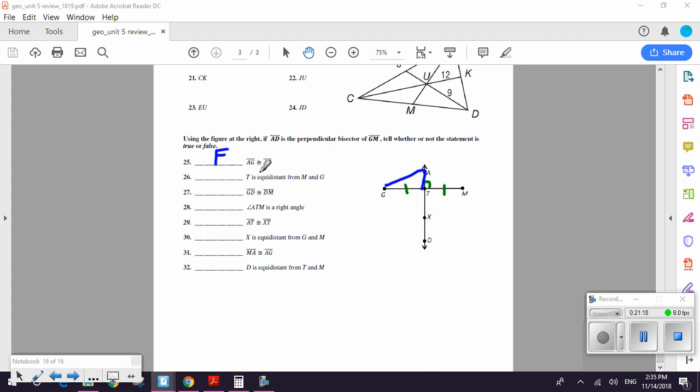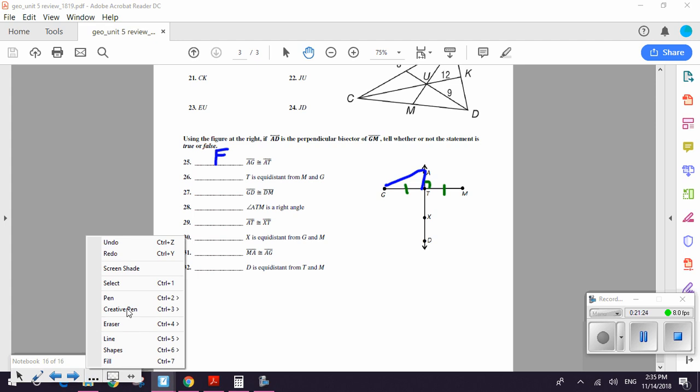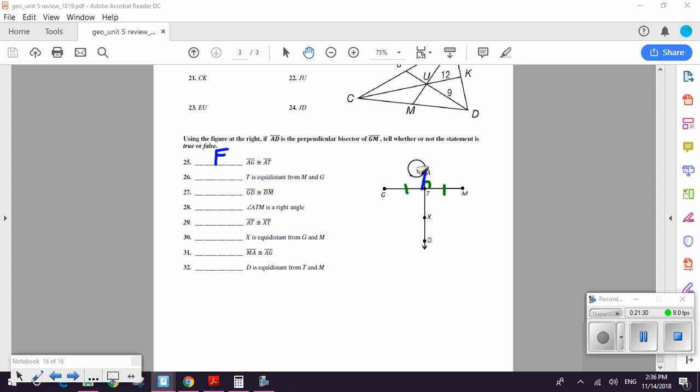So let's say false. 26 says that T is equidistant from M and G. Well, yes, that is true because T is the midpoint of GM. Number 27, segment GD, this segment here, is congruent to segment DM, this segment here. That is also true because that's the perpendicular bisector theorem.